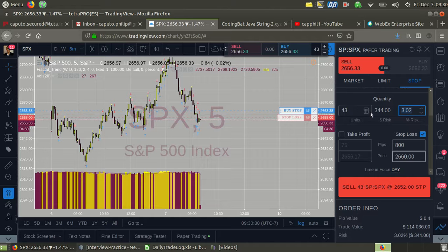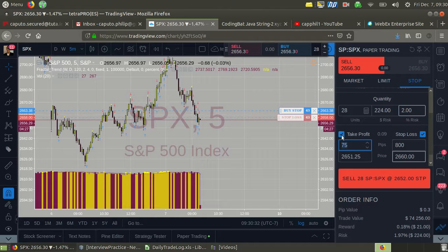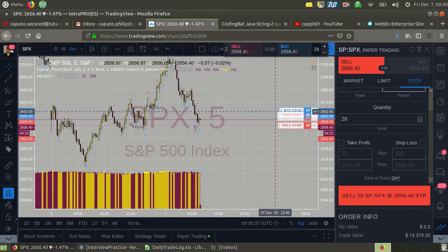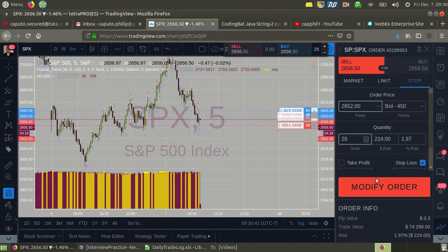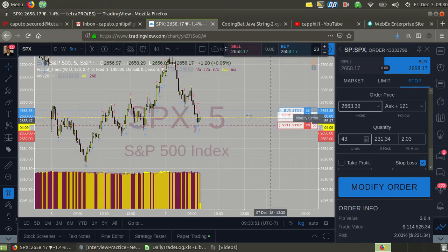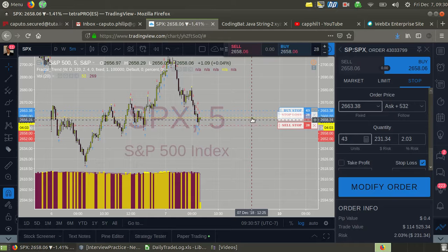Okay, and I want 2% on each trade, so I'll take this off because I moved my... So here's our range. Now you'll see that there's a difference. Both of these represent 2%. This is 28 shares, which represents 1.97%. This is 43 shares, and it represents 2.03%. Again, the difference between the number of shares is the difference between the entry point and our stop loss.